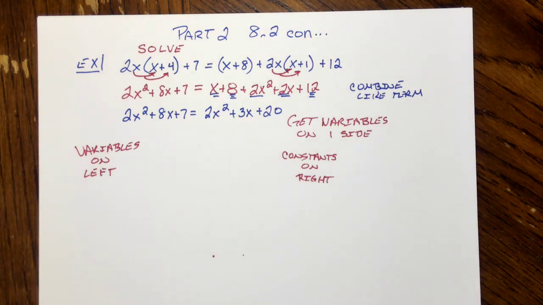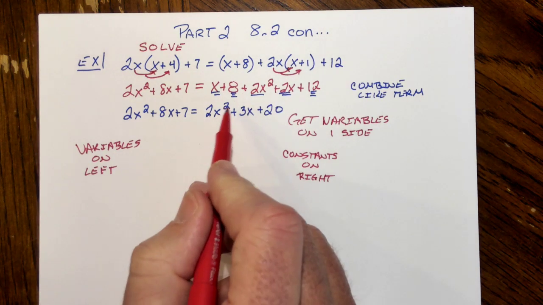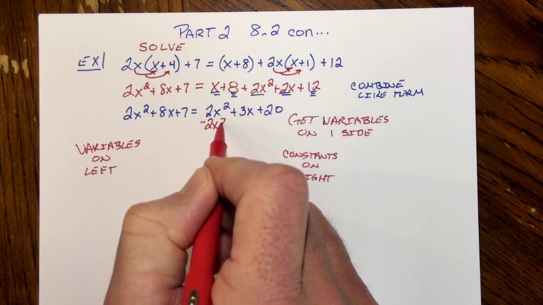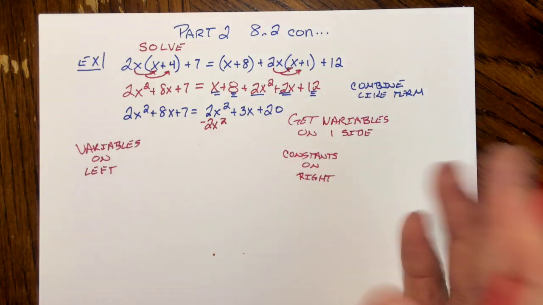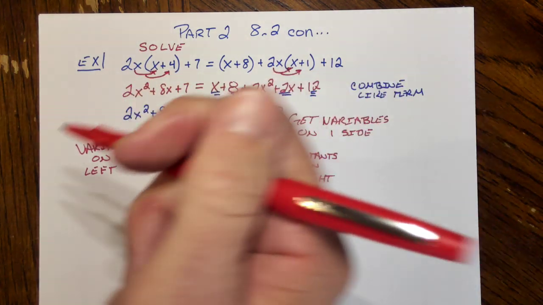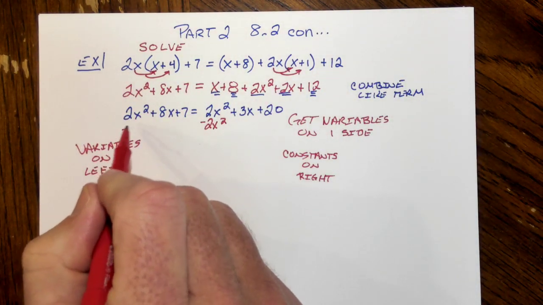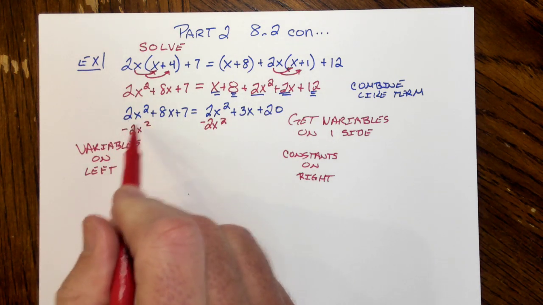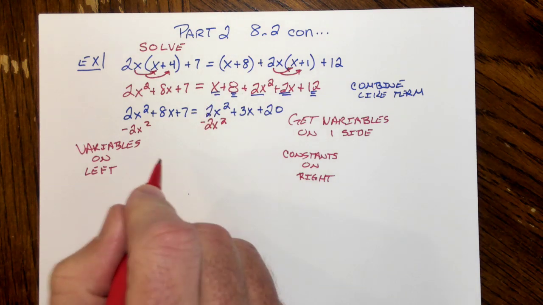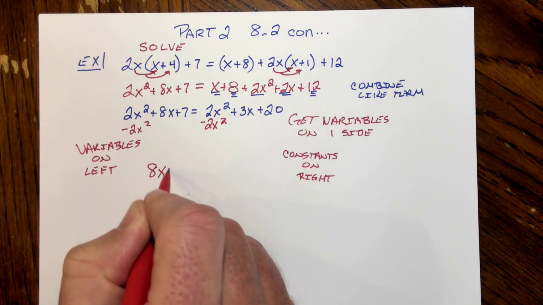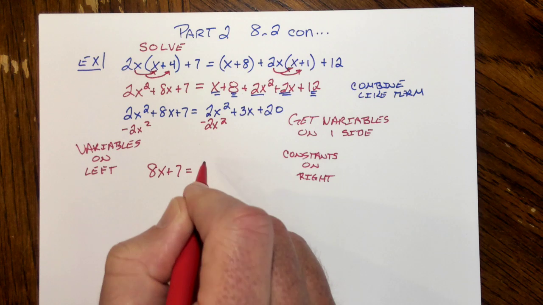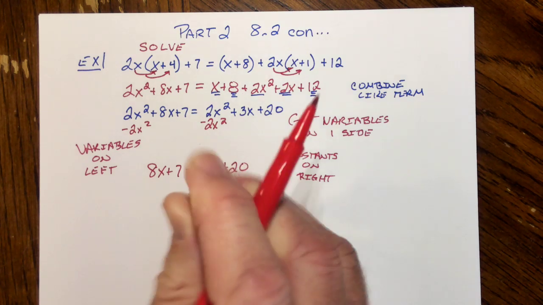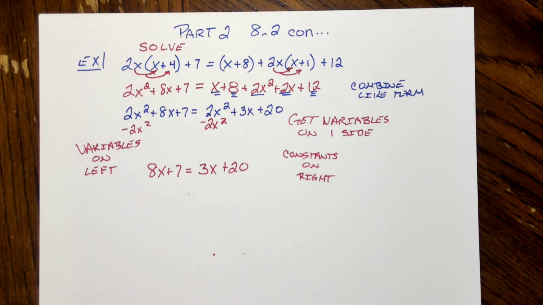So let's go ahead and start doing this. I don't want this over here, so I'm going to get rid of it. How? Subtract 2x squared. We all know the phrase, what you do to one side, you got to do to the other side. So minus the 2x squared. Well, nice thing about that is it cancels out. I got less things to worry about. 8x plus 7 equals 3x plus 20. Still haven't accomplished it, but I'm looking a little bit better.